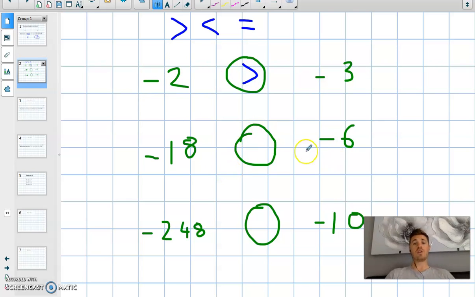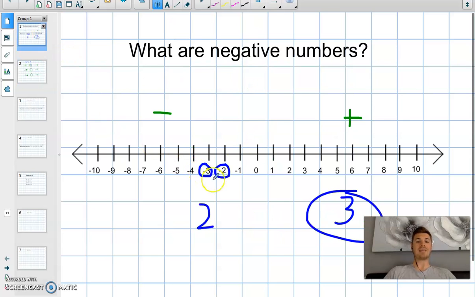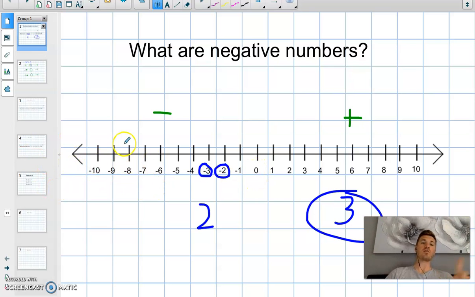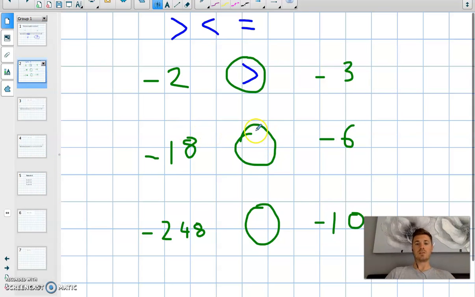Okay, so if I look at -18 and -6, I know that on my number line, -18 would be further down the line, further away from 0, so we're getting smaller and smaller. So actually -6 is larger than -18.